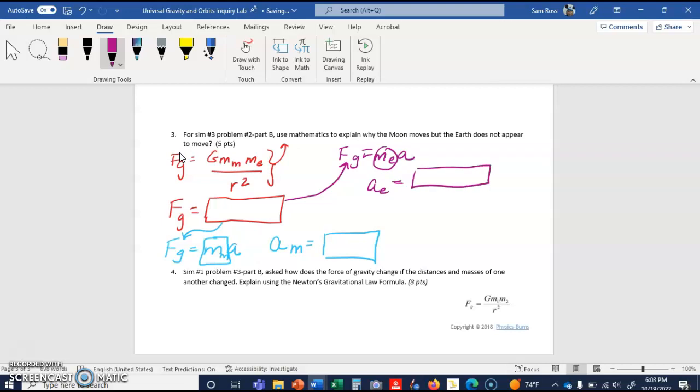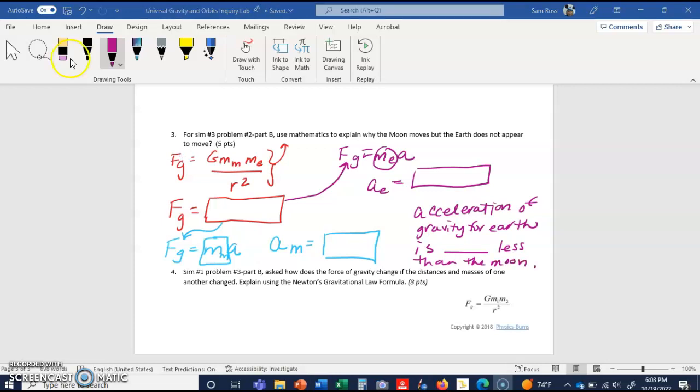So the acceleration of gravity for Earth is how much less than the moon's acceleration of gravity.